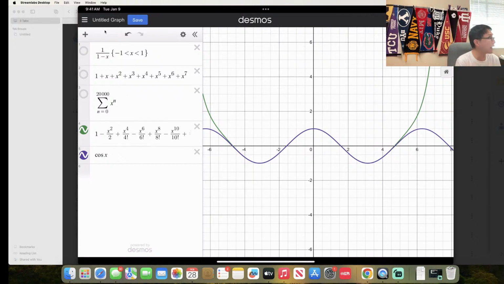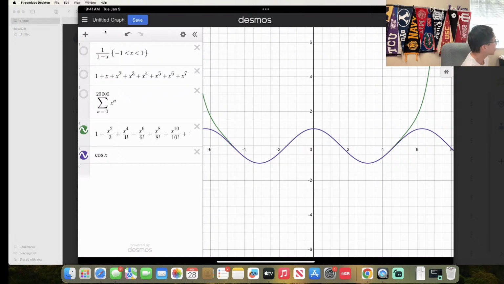Now you can write... not yet. This is the problem when they go to the example power series. It happened to be Taylor series, and this is the Taylor series for cosine. But it doesn't follow the formula.